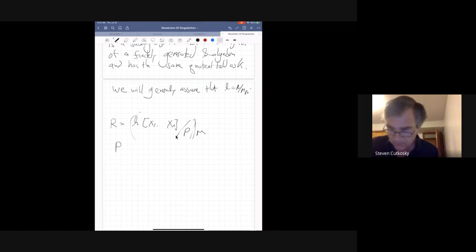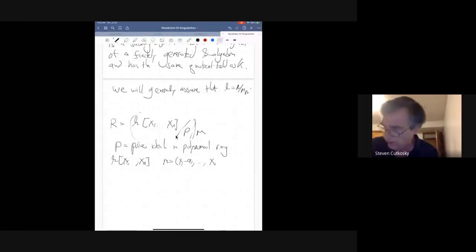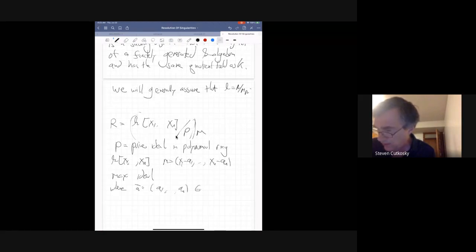In fact, P is a prime ideal in a polynomial ring k[x1, ..., xn], and m is a maximal ideal. So since my ground field is algebraically closed, this has this nice expression, by Hilbert's Nullstellensatz. And I'll take this vector a-bar equal to (a1, ..., an), something in k^n.